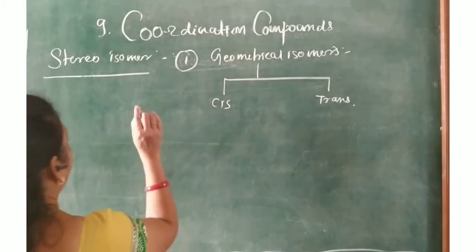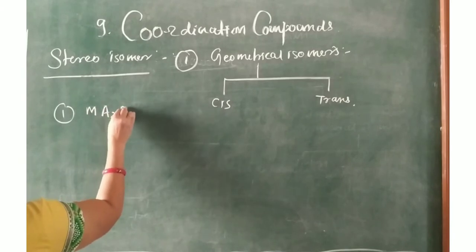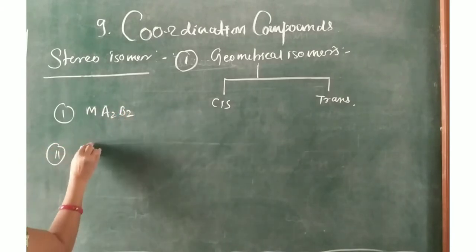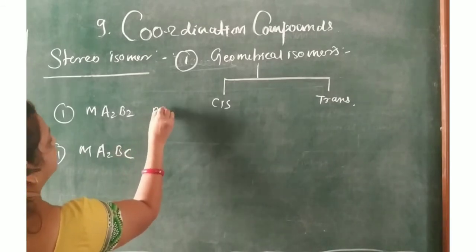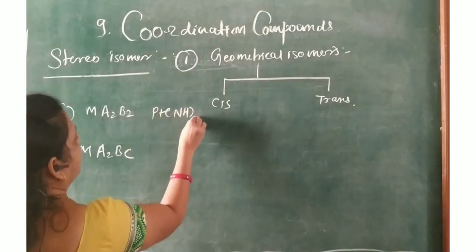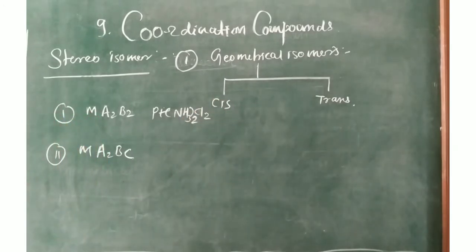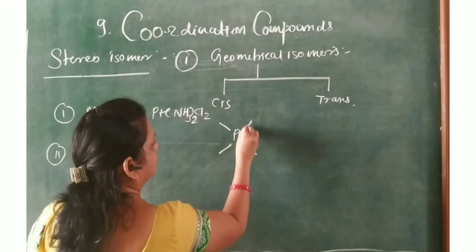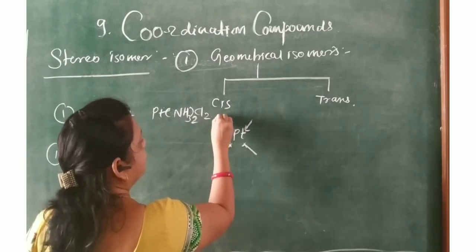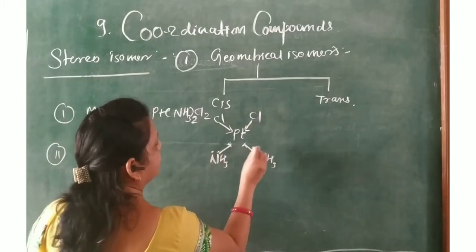For example, of type 1, that is Ma2B2, and second, Ma2BC. These are square planar complexes. For example, platinum diammine dichloroplatinum. Here the two similar ligands are on adjacent positions, and the other similar ligands are also adjacent.